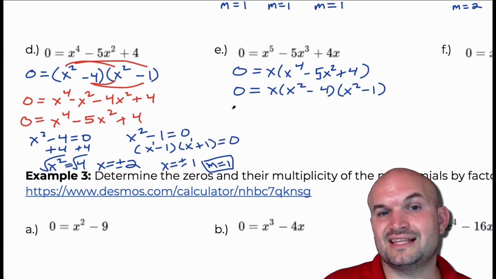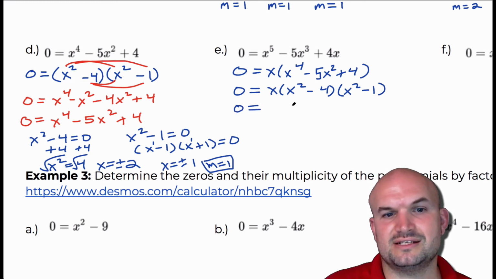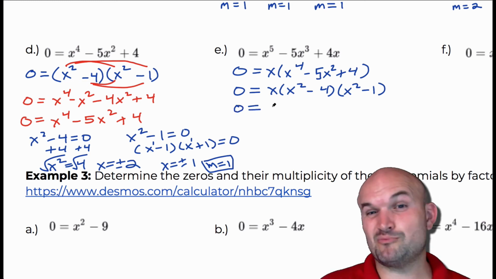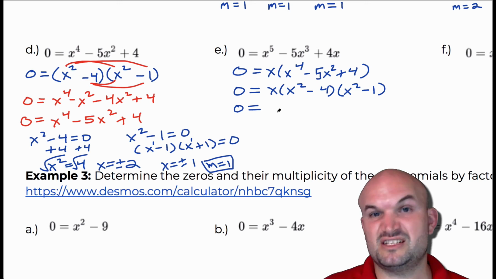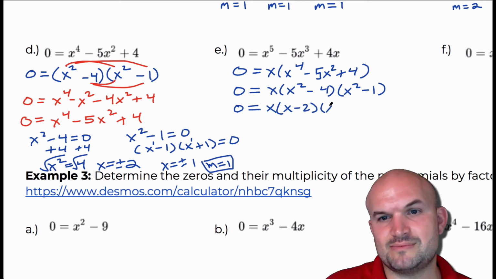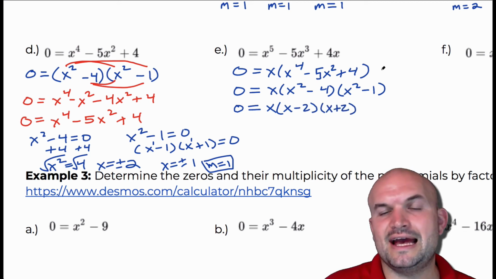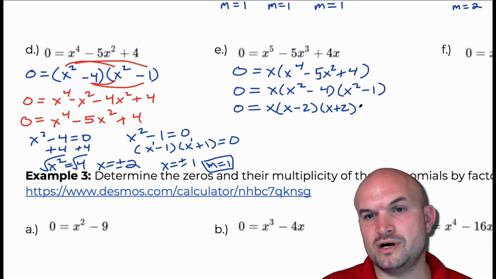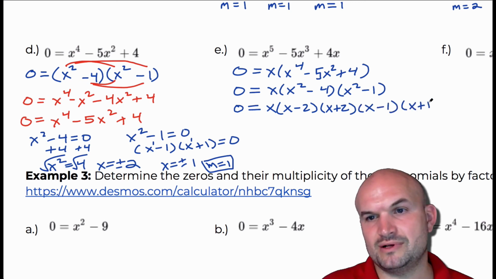And I'm going to write out the linear factorization, which we're going to practice later. If I want to write this as a product of linear factors, that's what we call the linear factorization, I would need to factor x squared minus 4, which using difference of 2 squares is x minus 2, x plus 2. And I need to factor x squared minus 1 using difference of 2 squares, which is x minus 1, x plus 1.